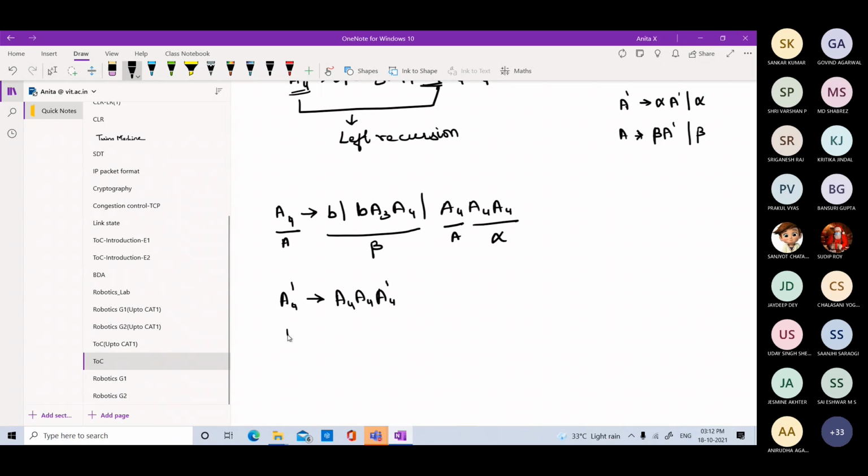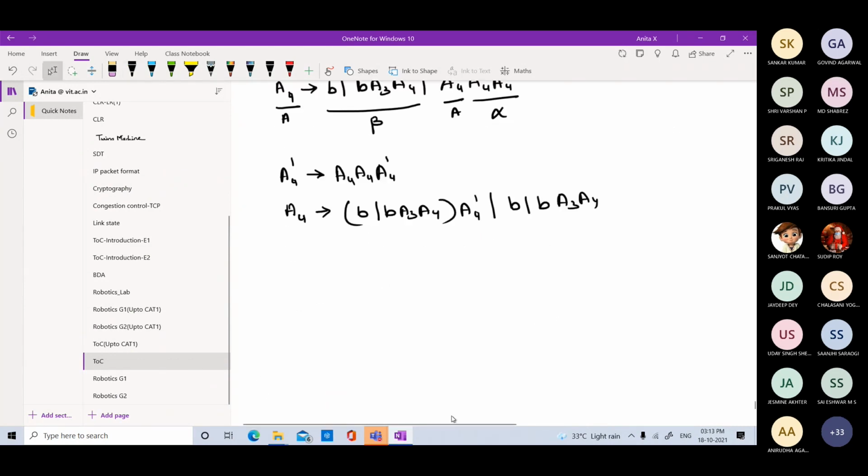And next is A derives, so here A4 derives beta. So here this is beta, B or B A3, A4 dash. A4 dash derives alpha A4 dash or beta. That is B or B A3, A4.